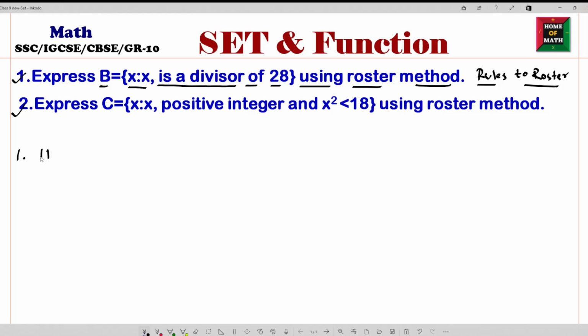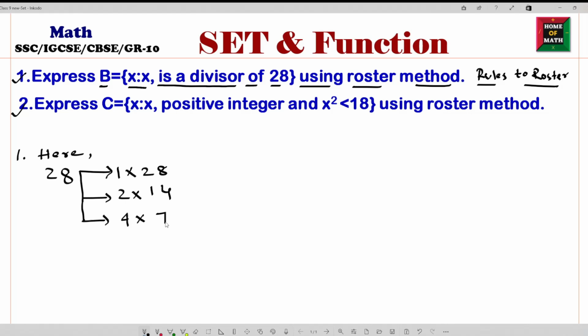Here, 28 we can write like this: 1 times 28, it means 28, 2 times 14, also 28. 3 not possible, 5 not possible, 4 is possible, 4 times 7 is 28. So we can factorize 28 as 1, 2, 4, 7, 14 and 28.